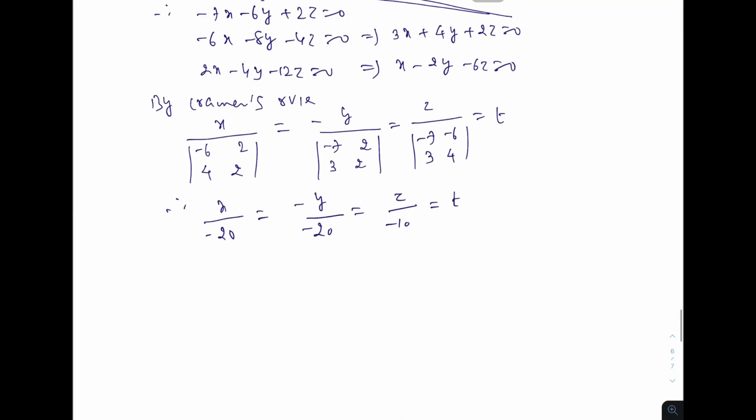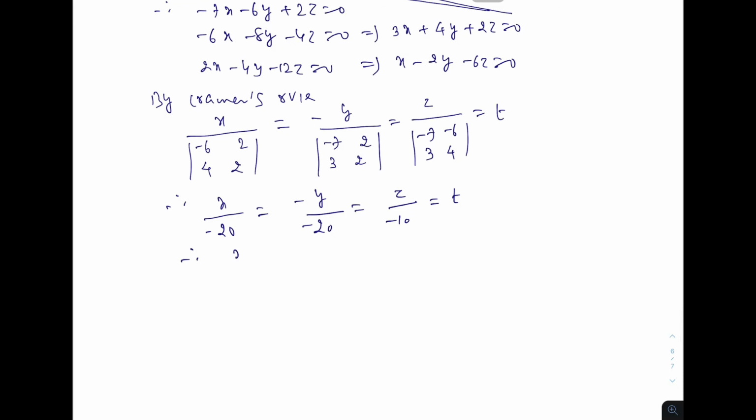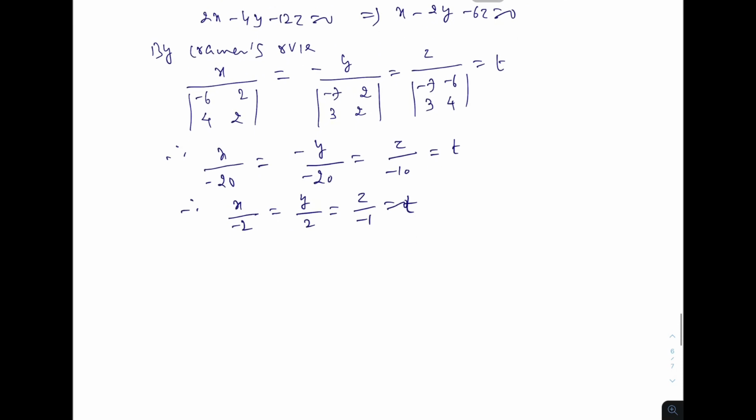Equal to t. And so this is x over minus 2, y over 2, z over minus 1 equal to t. Okay, so you may also write like this: x by 2 equal to y by minus 2 equal to z by 1 equal to t.